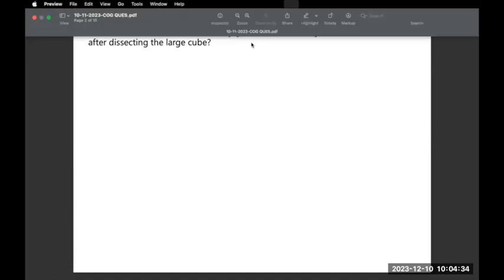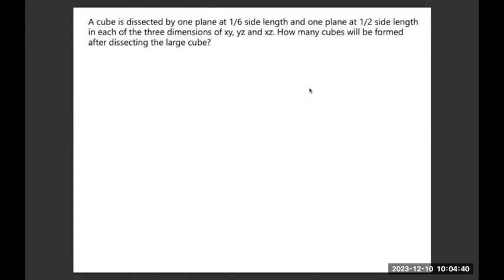Try answering it on your own. We'll solve it together. It's actually very simple. You just need to make a small diagram of how the cube will be dissected, and it will be much easier once you make the diagram.